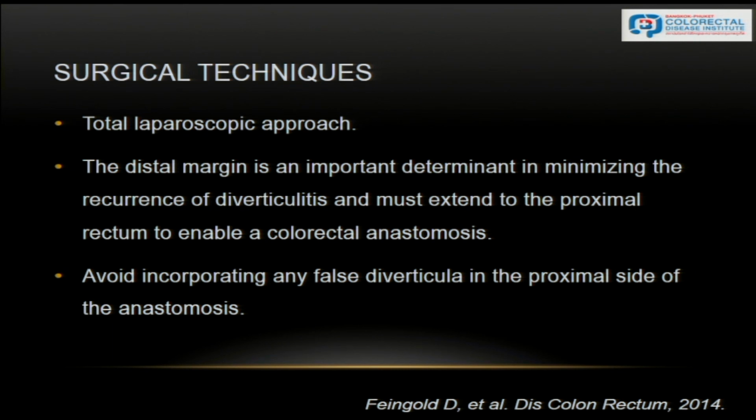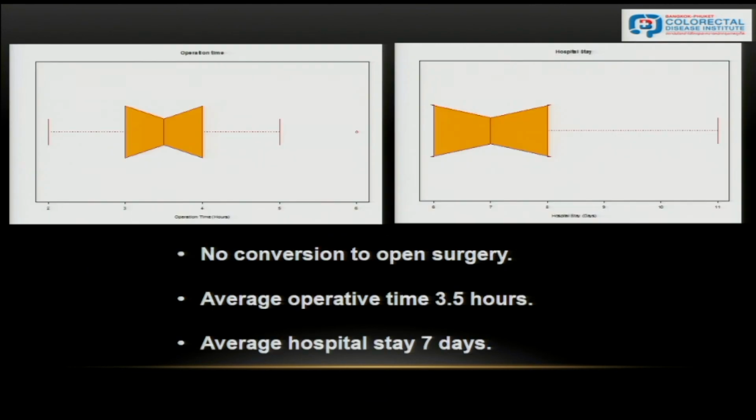After the double staple technique anastomosis, we do colonoscopy to recheck the anastomosis and make sure that it's airtight and perfect for the patient. There was no conversion. We spent about 3.5 hours on each patient on average, and the hospital stay was around 7 days.